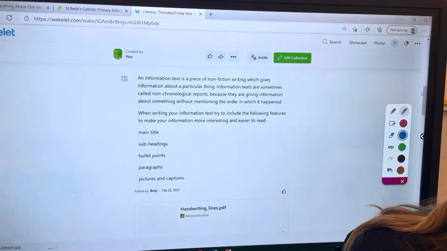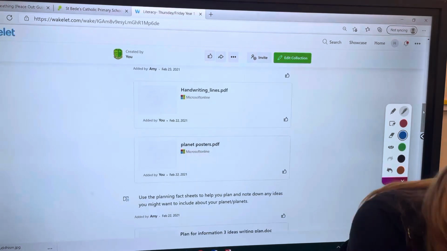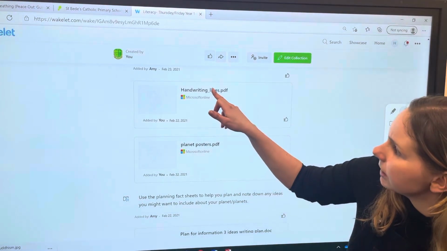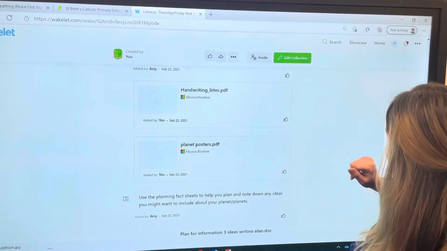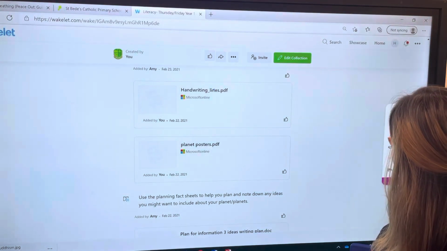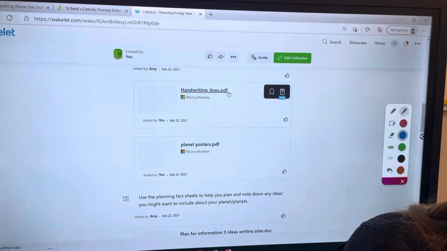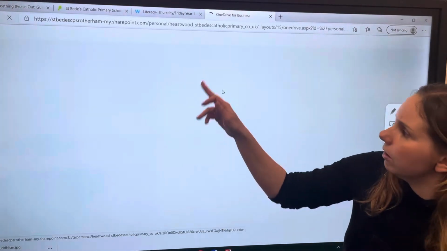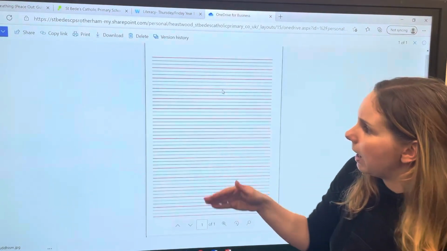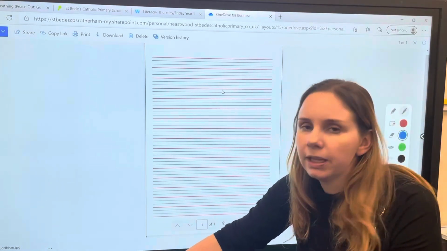Now I'm going to move down the handwriting lines. If you would like to, and it would be very useful, to have a go at writing on the sheet, because this is what our books look like in school.